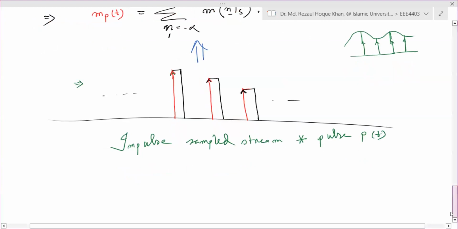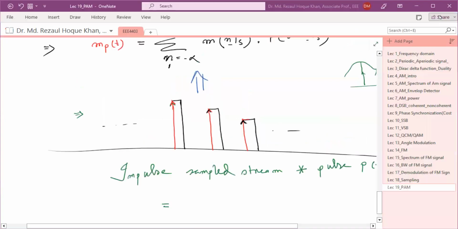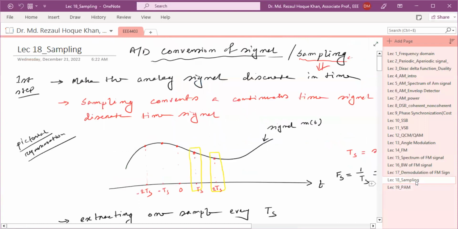So what is an impulse sampled stream? We already did this in our sampling lecture.